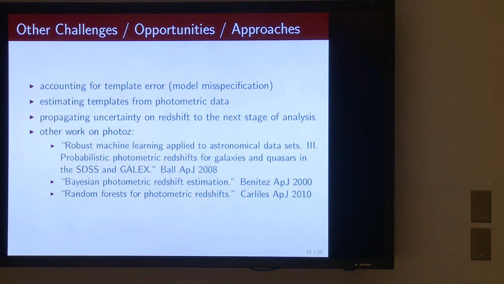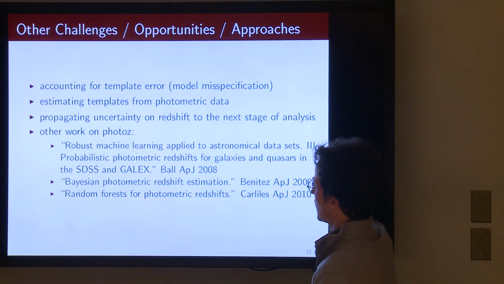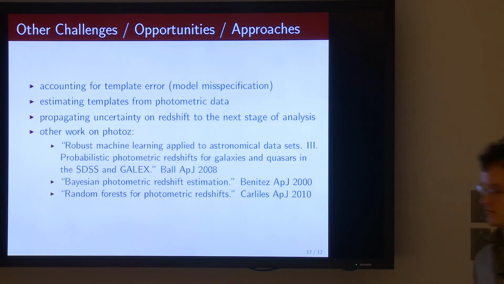And then finally, this is a fairly important problem within astronomy, so there's been a lot of work on it. Unfortunately, most of it has been published in astronomy journals. I don't know of a great reference in statistics journals, but people tend to either take the machine learning approach, like this first article or this third article, or a more Bayesian modeling approach with templates.